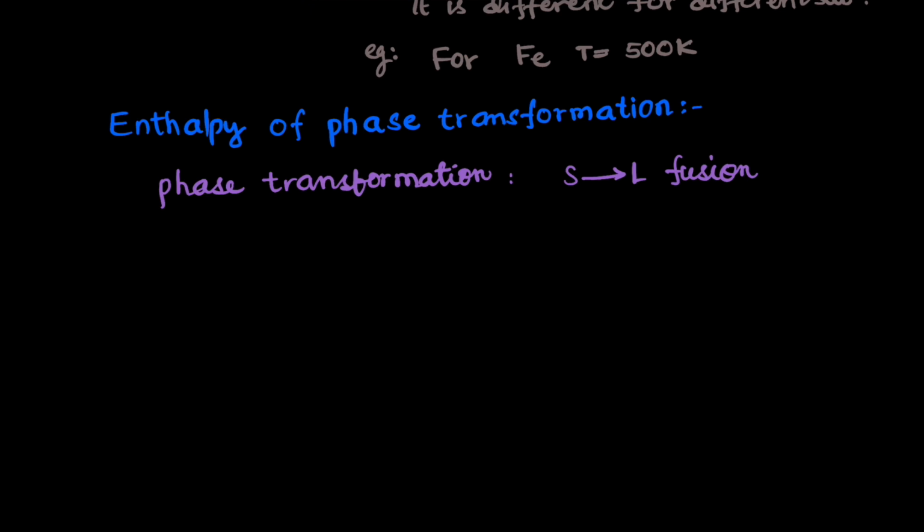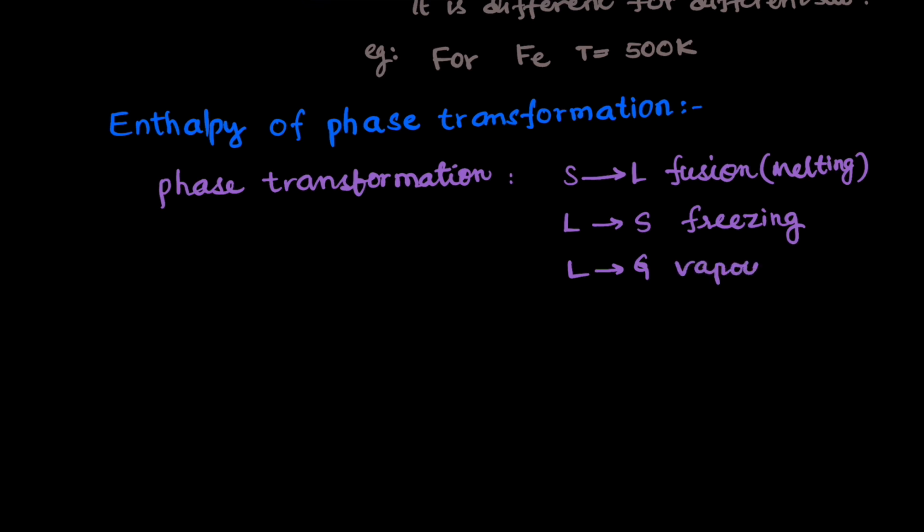So solid converting into liquid is called fusion, at the melting point. Liquid converting into solid is its reverse, called freezing. Liquid converting into gas is called vaporization, generally at the boiling point. And gas converting into liquid is called condensation.